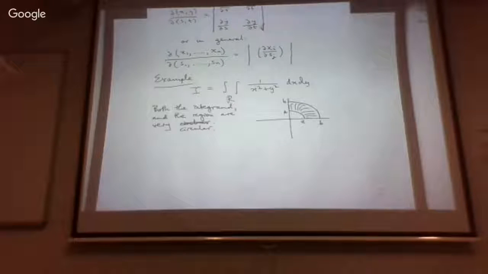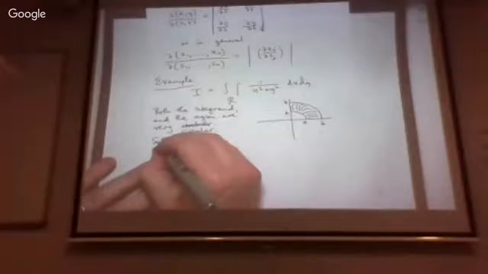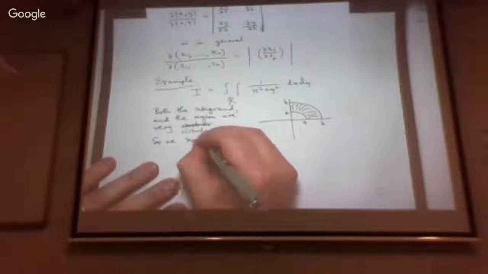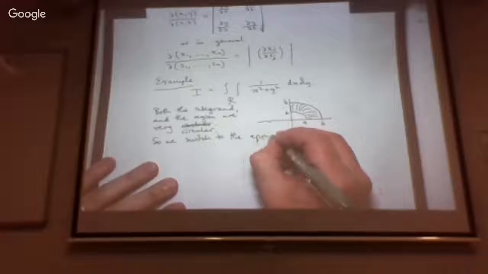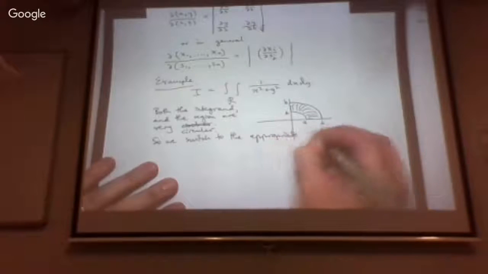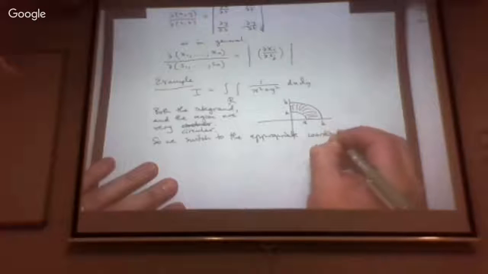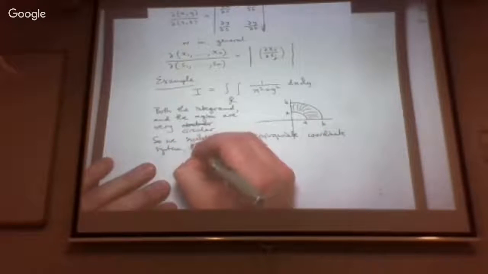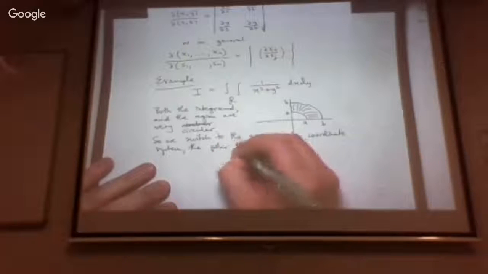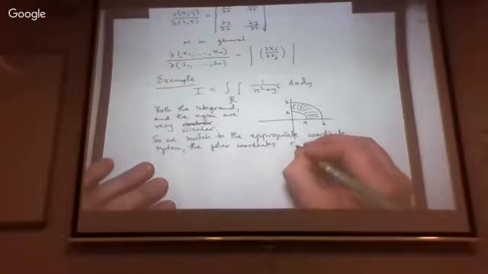We'd rather switch to the round coordinate system, which is the polar coordinates. So we switch to the appropriate coordinate system. Polar coordinates, r and theta.